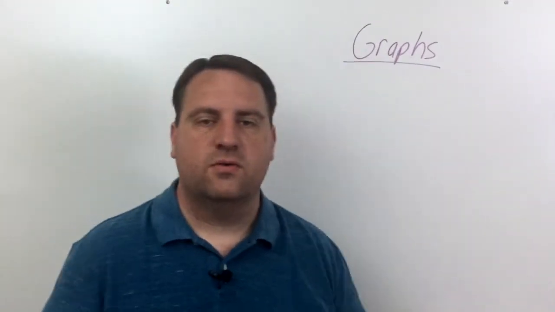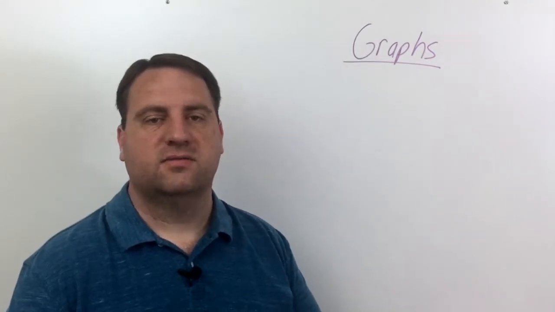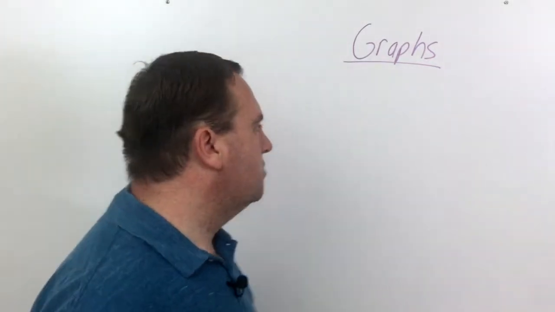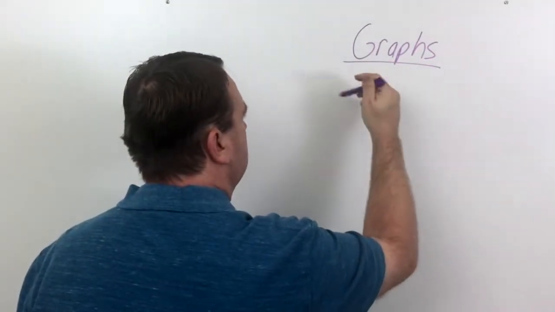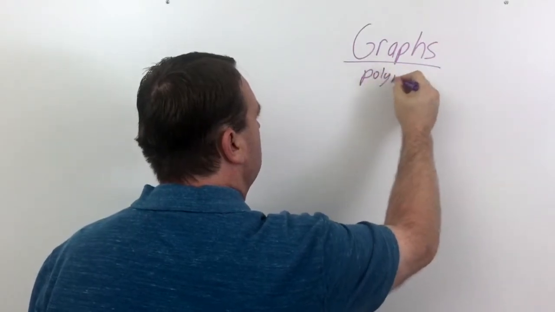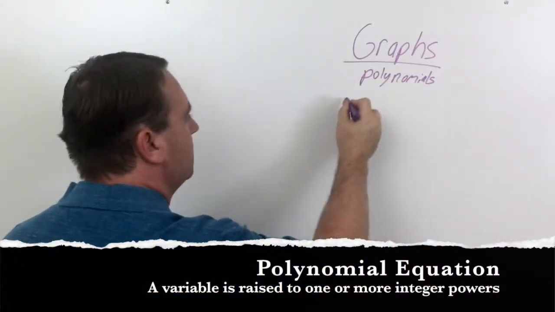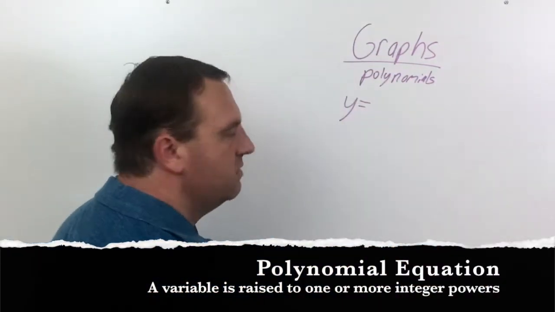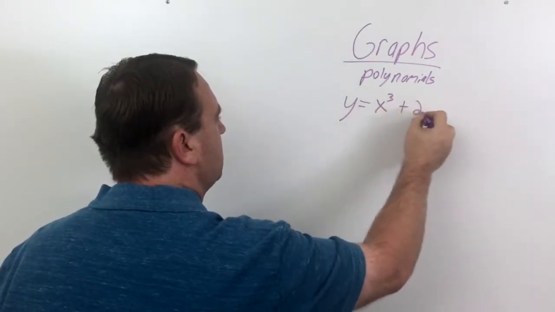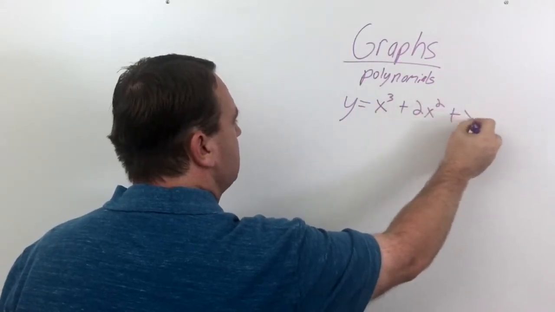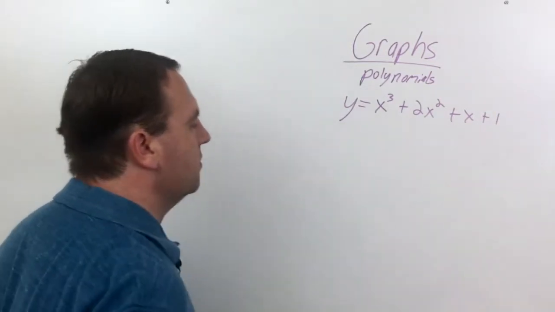So now I wanted to give you a little bit of description and intuition about specific kinds of graphs. Okay? So the most popular that you've probably run into so far are polynomials. Now, polynomial simply means that we're going to set y to a function of x, where x is going to be raised to some sequences of powers. Okay, so this is a polynomial.